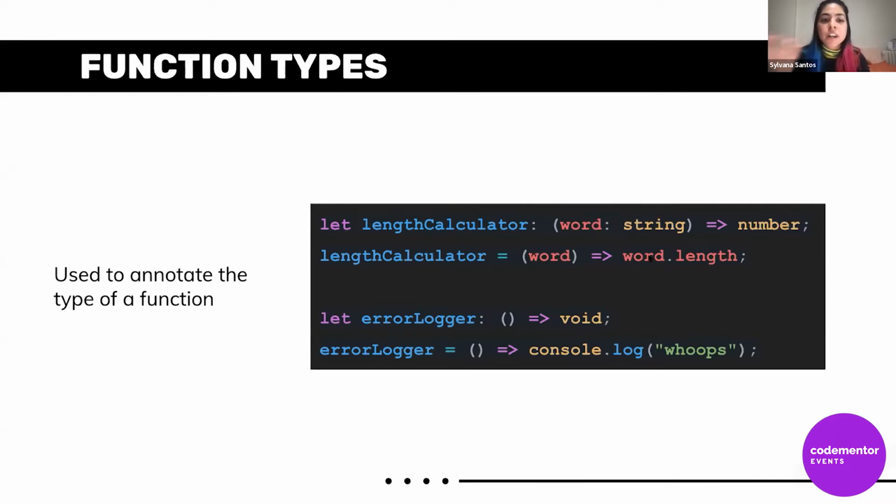Length gives us a number, so it's returning a number. Another example is error logger here. So I'm telling TypeScript error logger is a function. It doesn't take anything in and it returns void. So that's also important. You can also say that your function doesn't take in any parameters. And so an example value for this would be just a function that logs whoops for us.